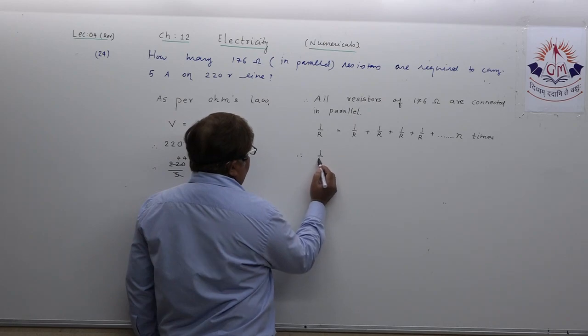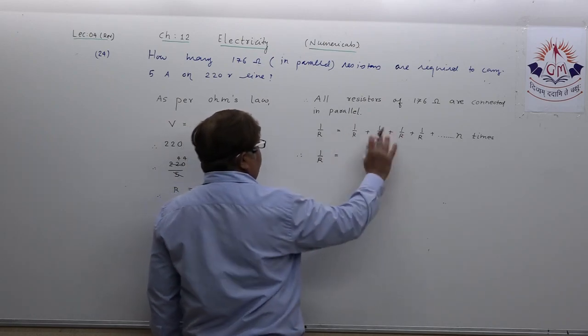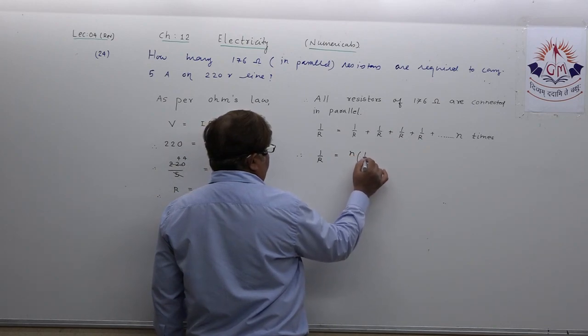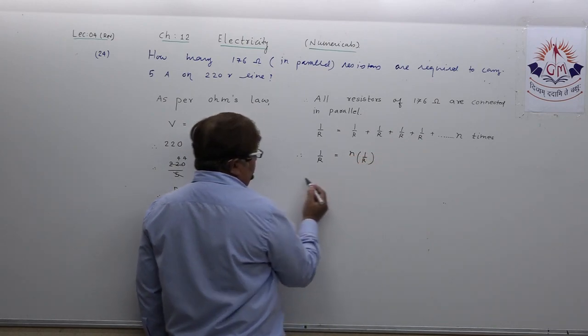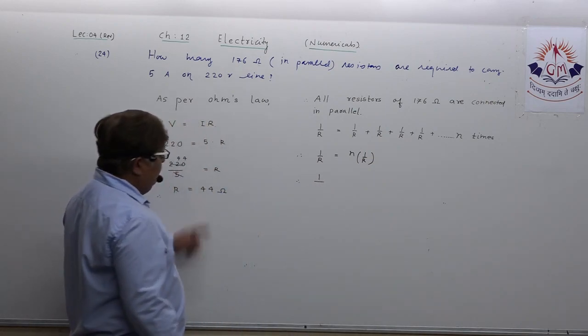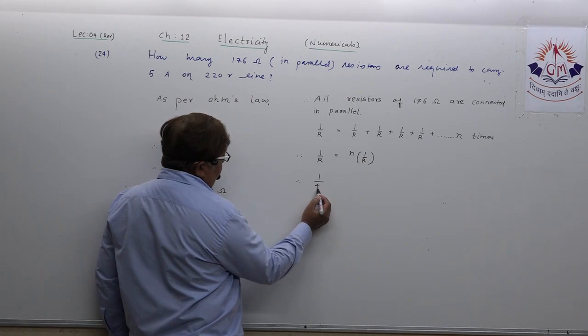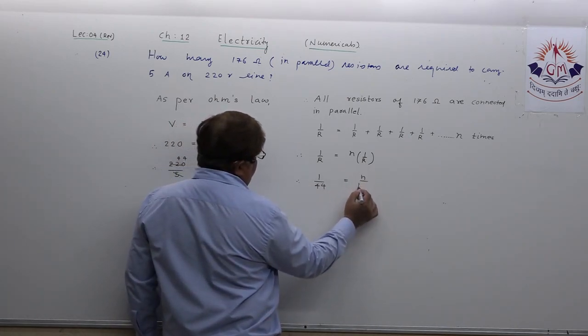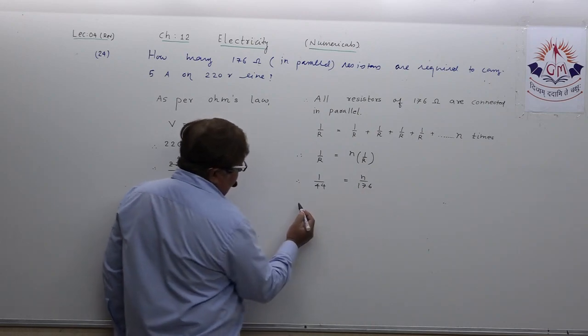So can I write this way: 1 upon r, how many times am I taking this? n times. So can I write n times 1 upon r? Definitely. 1 upon, I know this, 44. I don't know n, but I know the value of r, 176.